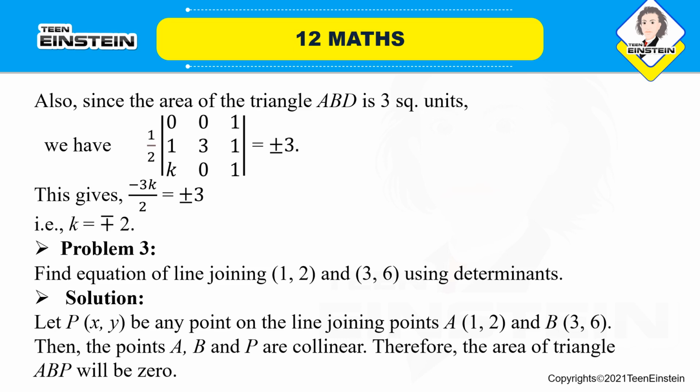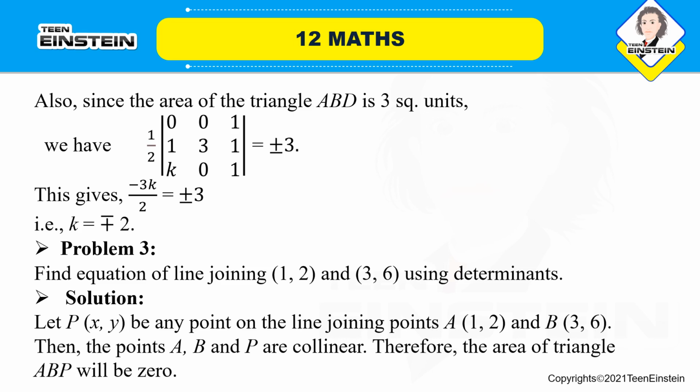The first vertex is 0, 0. Here you can use the first vertex as the first row. Then the next vertex is 1 comma 3, so this is your second row, and the third vertex is D of k comma 0. So substitute k, 0 here.